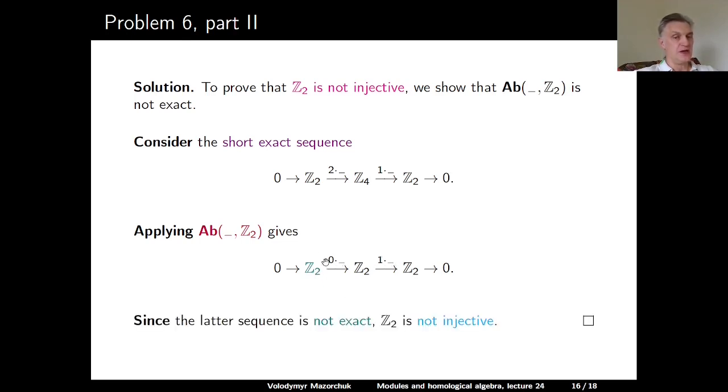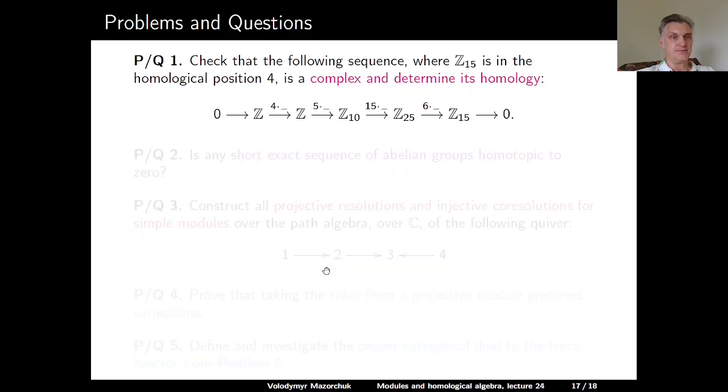And again, now we have a homology at the first position, so this sequence is not exact, and so Z2 is not injective, because Homs into an injective object send exact sequences to exact sequences. And this completes problem 6.